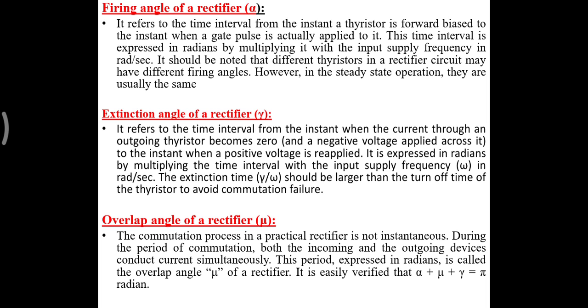Next, extinction angle. It refers to the time interval from the instant when the current through an outgoing thyristor becomes 0 to the instant when positive voltage is reapplied. It is expressed in radians by multiplying the time interval with the input supply frequency omega in radians per second. The extinction time should be larger than the turn off time of the thyristor to avoid commutation failure.